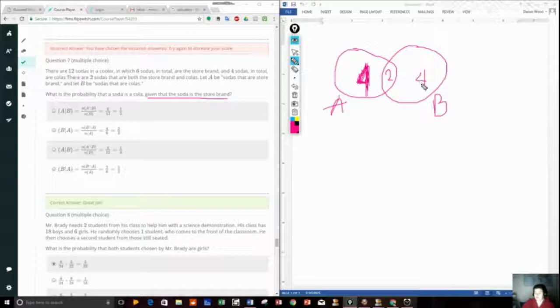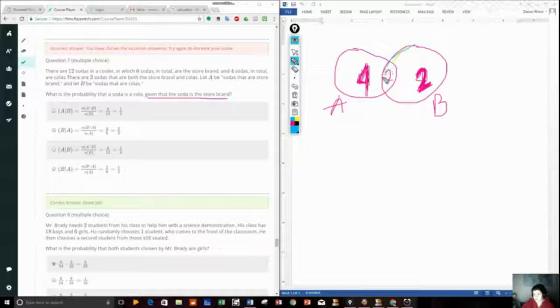And then we're going to do the same thing. Since there's 2 right there, and they gave us that there was 4 in total, we have to make sure that that whole circle totals up to 4. So since there's 2 that were store brand and colas, that means there's 2 that are only colas, for a total of 4 in this circle.